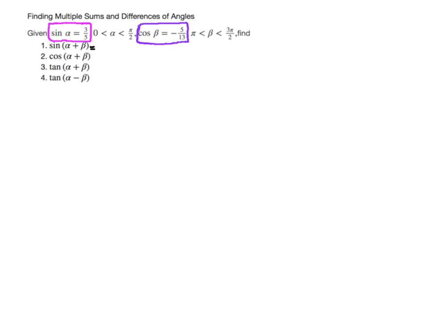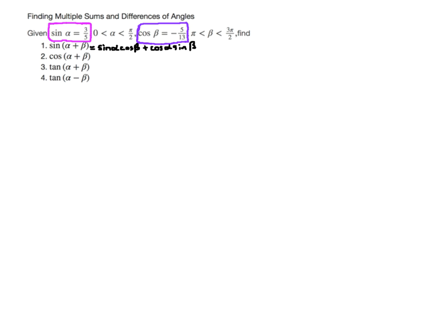Sine of alpha plus beta is sine alpha cosine beta plus cosine alpha sine beta. I'll do the other three in just a moment. What I was about to say is we know what the sine of alpha is, but we don't know what the cosine of alpha is.